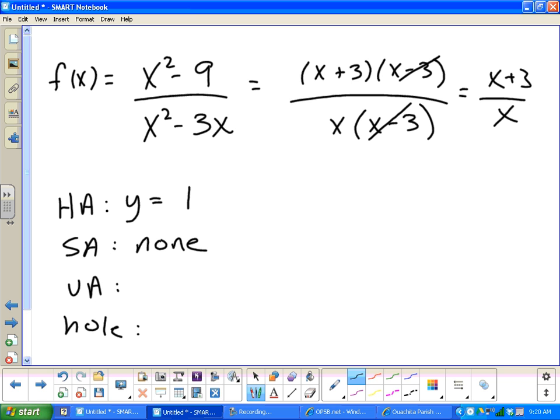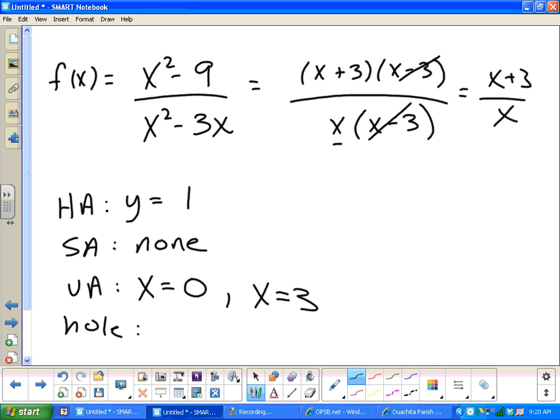Okay, now, so let's start with vertical asymptotes. Vertical asymptotes is what makes the denominator 0, or what makes the function undefined. Okay, so what makes that 0 would be 0. Okay, so we have a vertical one at x equals 0. And we got to say x equals because it's the equation of a vertical line. All right. Now, what about 3?